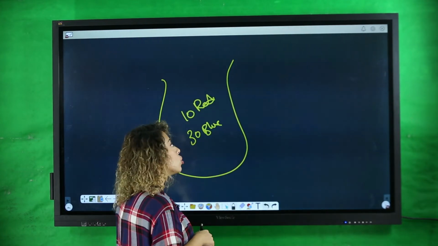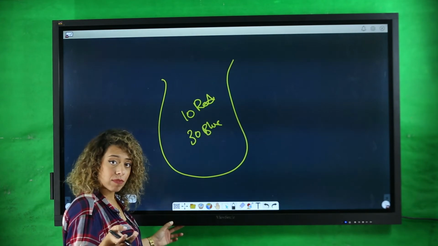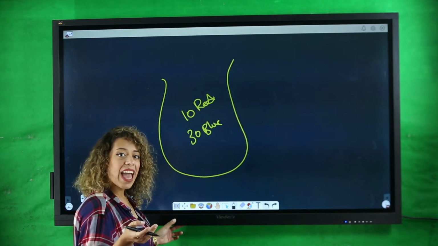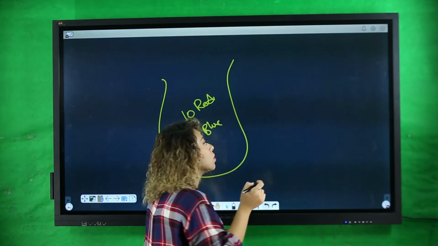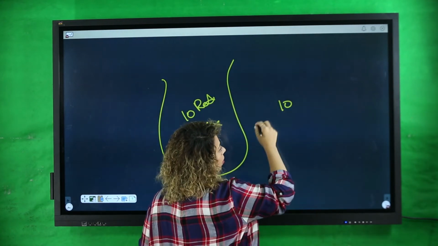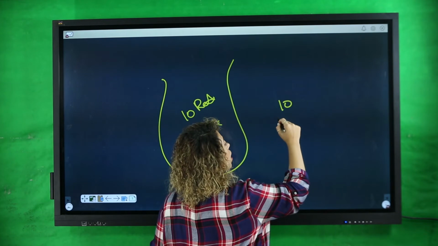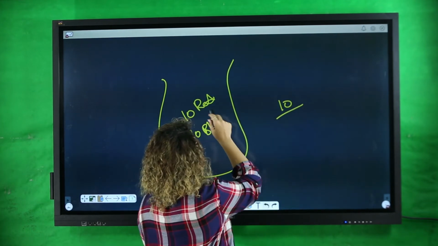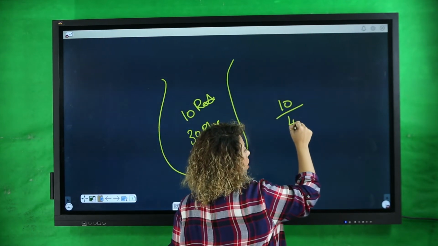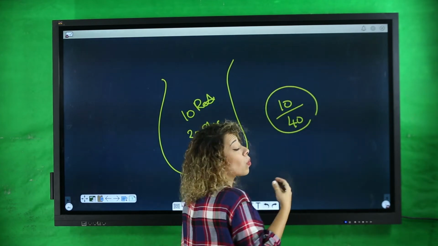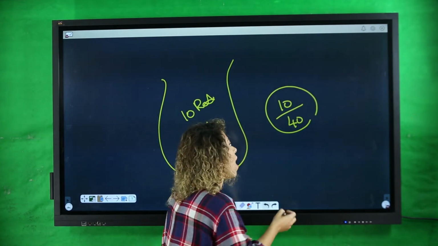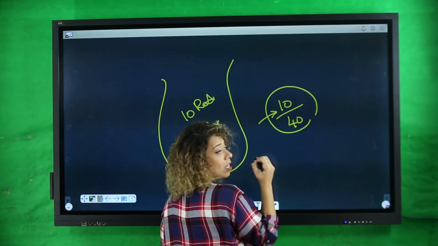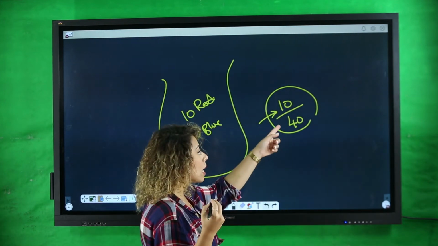Okay? So what will be the probability of me having a red marble? As we said, it's 10 marbles that I can take out of the total ones, which will be 40. So this is my probability, 10 out of 40.